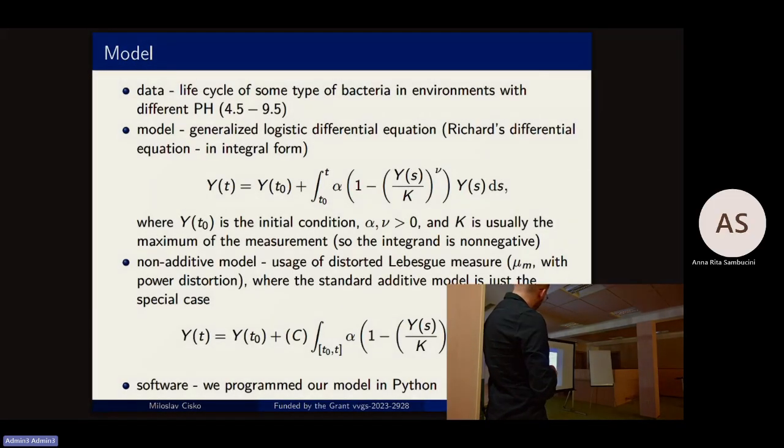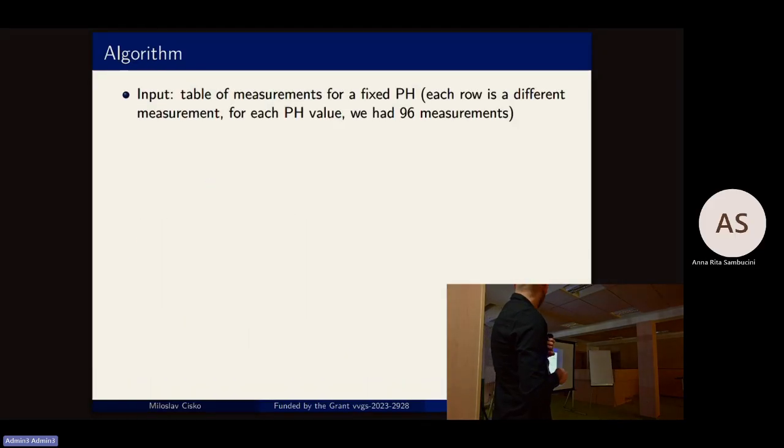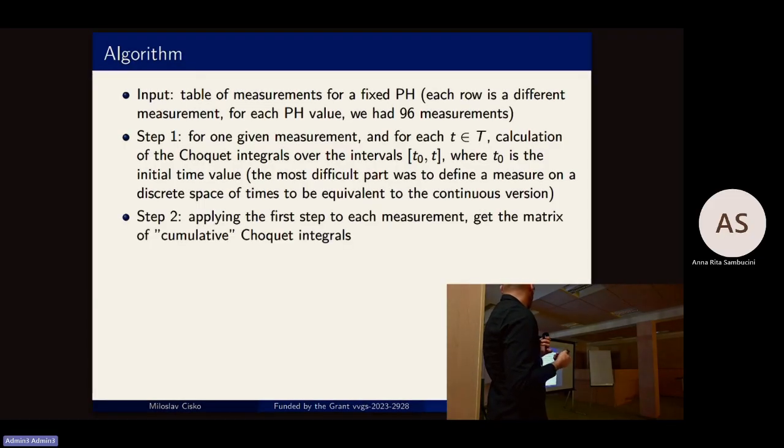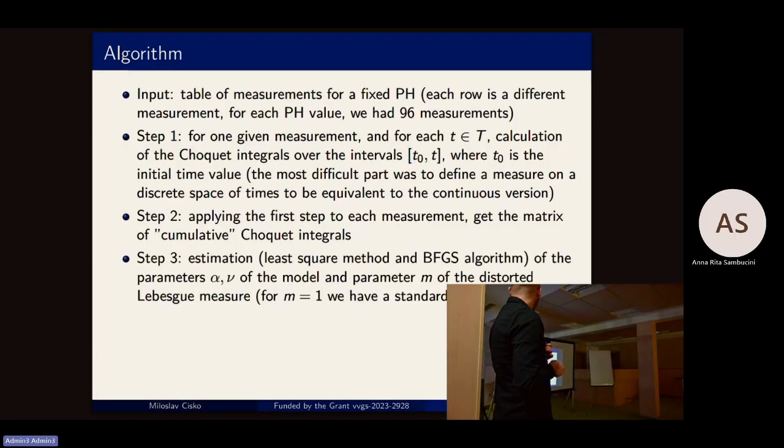So these Choquet integrals plus the initial conditions, and we wanted to have these Choquet integrals for each t, because we want to build the function y for each time. So t0, t1, t0, t2, and so on. We did it for each measurement to get the matrix of so-called, we didn't know what to call it, because the work is still in progress, so we called it the cumulative Choquet integrals.